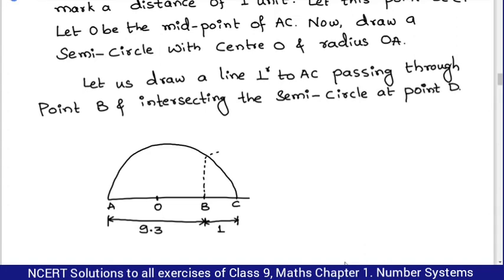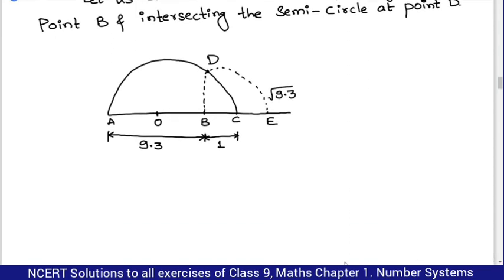So, draw like this. This is point D. Therefore, distance BD is equal to square root of 9.3.